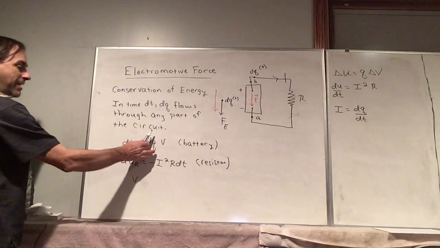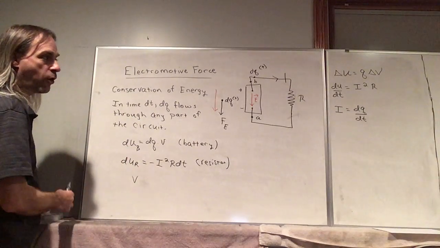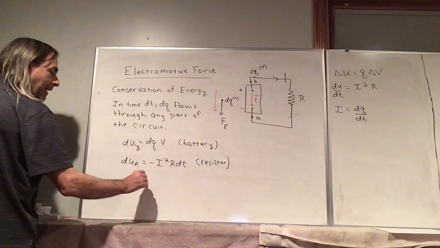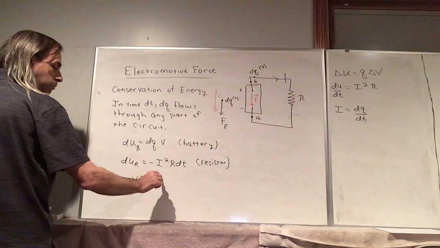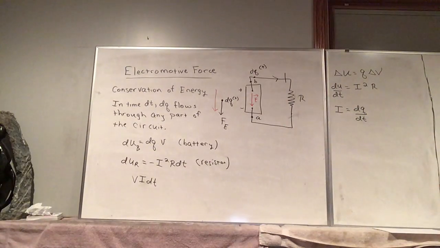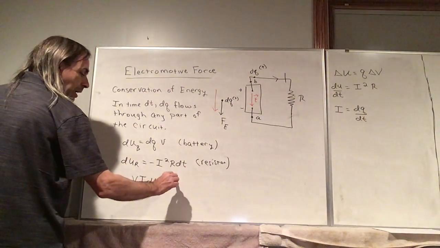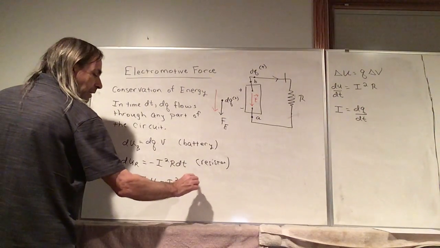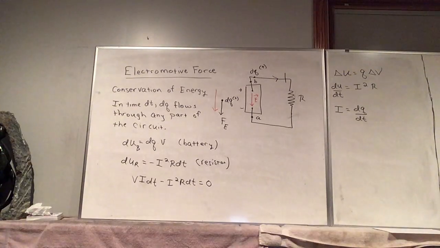So we have dq times V, so V times I dt, plus the energy being dissipated by the resistor, minus I squared R dt, and that equals 0.